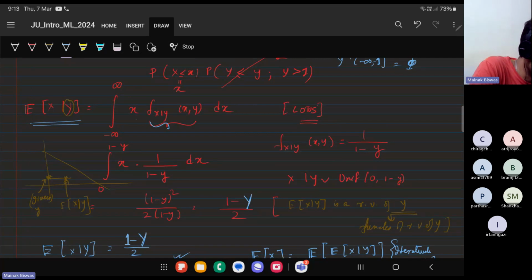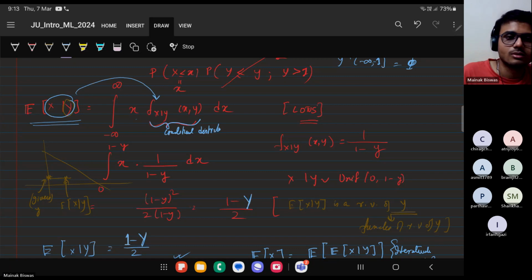It is a distribution over the conditional distribution. This same conditional distribution you have to use. Conditional density, whatever. And then whose expected value are you told to find? Expected value of x.